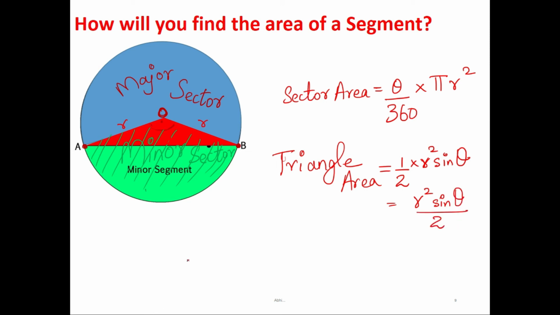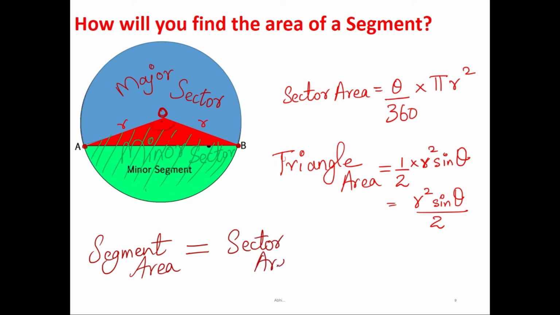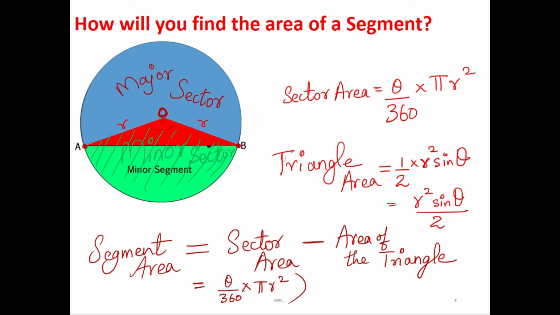Now using these two, we can find that the segment area is equal to sector area minus the area of a triangle, which is written as theta over 360 times pi r square minus r square sine theta over 2.